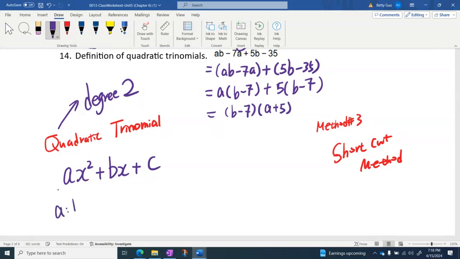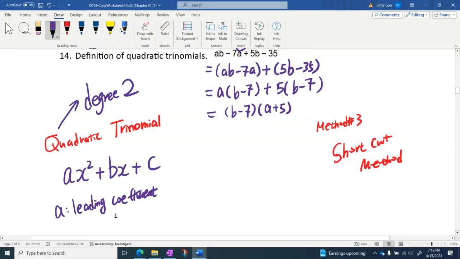A is the leading coefficient. B is the coefficient of the middle term. I call this the middle term because it's right in the middle, right? And C is the constant. The leading coefficient has to be non-zero. Otherwise, we do not have a quadratic trinomial. But you don't have to worry about that.